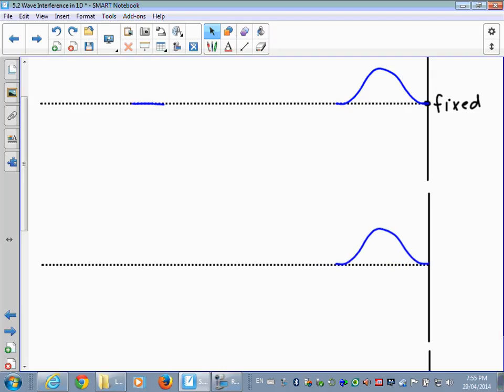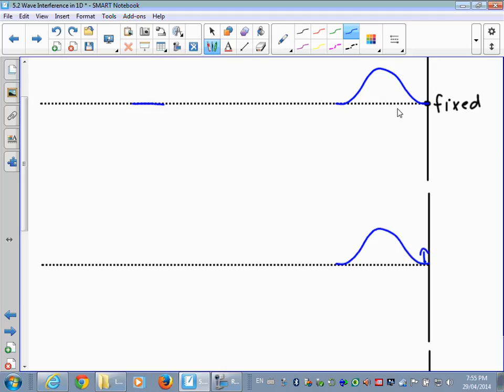Okay, so this point on the wave now wants to move upwards, based on what's coming behind it. That's how the wave moves, if you remember from the last lesson. It wants to move upward, but it can't because it's fixed. So it means that the wall is applying a downward force on it to prevent it from moving up.